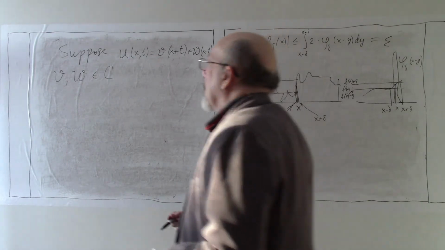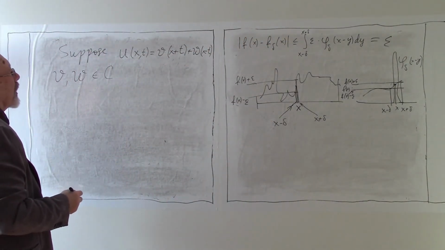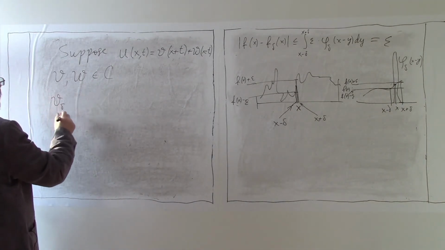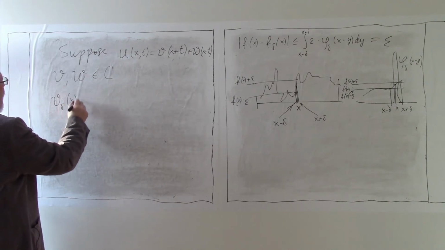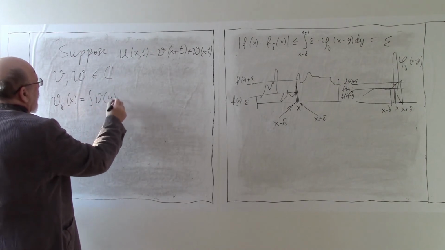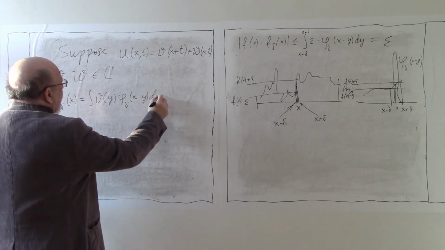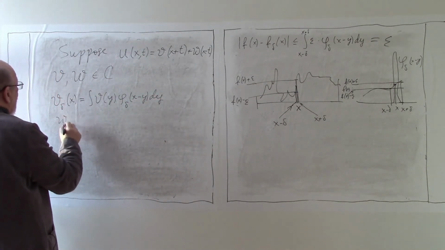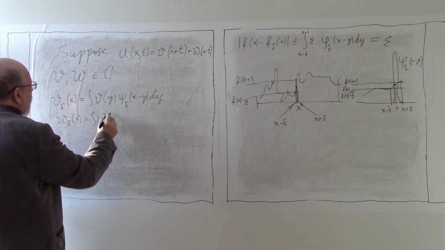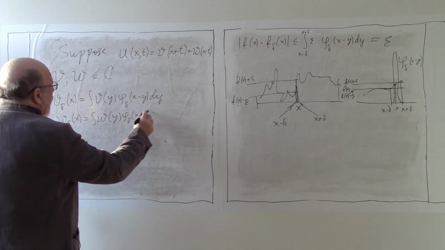So how to approximate this function by a smooth function? Consider the function v_delta(x) equals the integral of v(y) phi_delta(x minus y) dy, and w_delta(x) equals the integral of w(y) phi_delta(x minus y) dy.